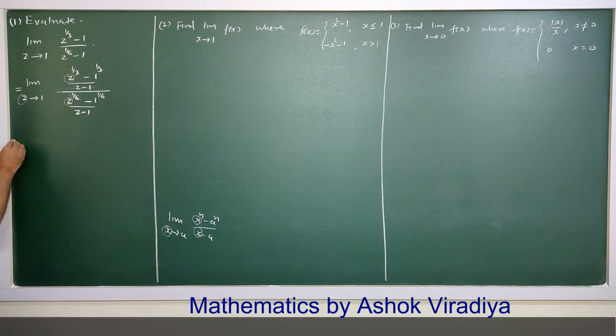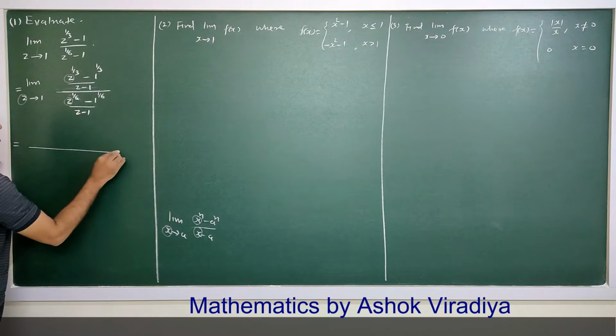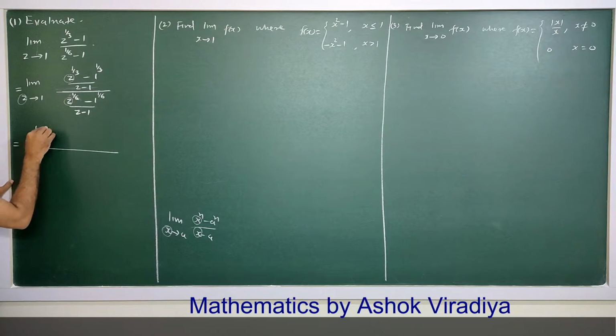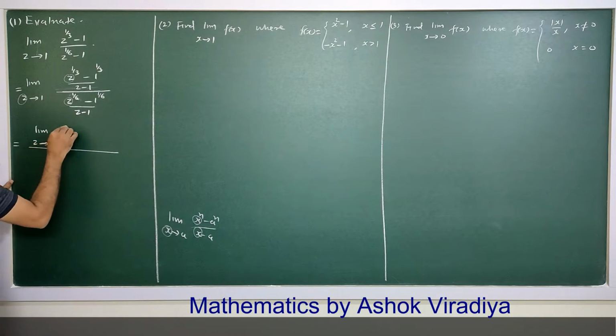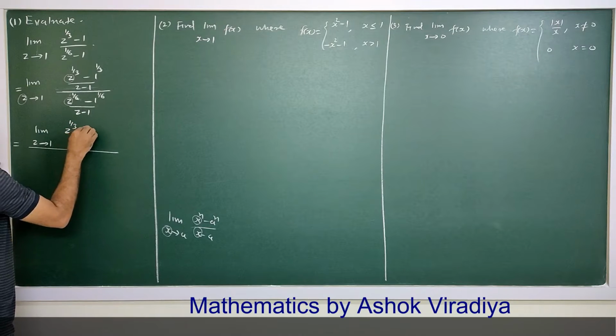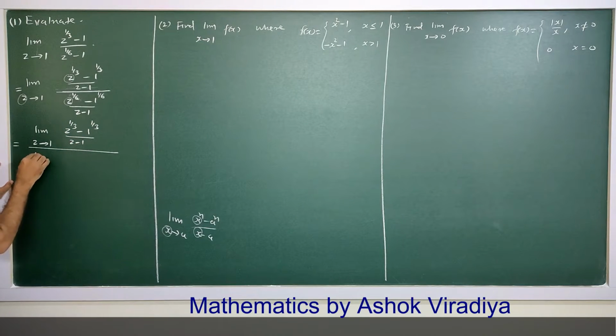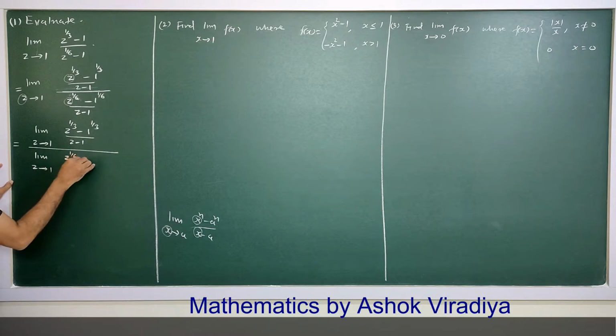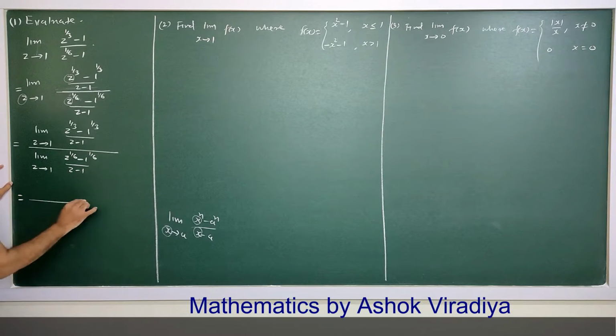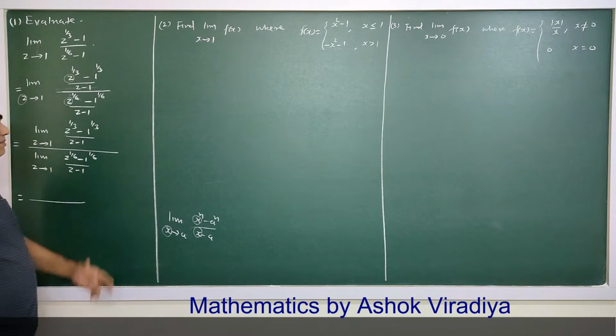Now the limit of f(x) upon g(x) is the limit of f(x) upon the limit of g(x).